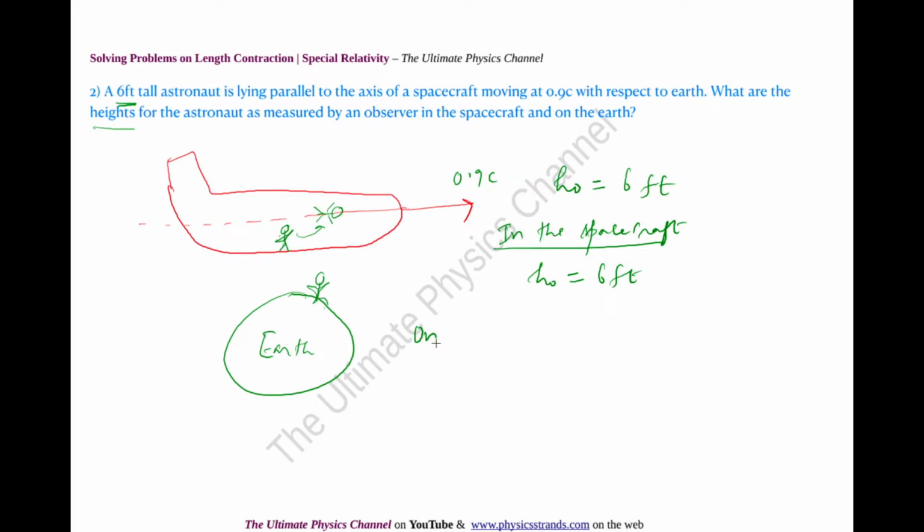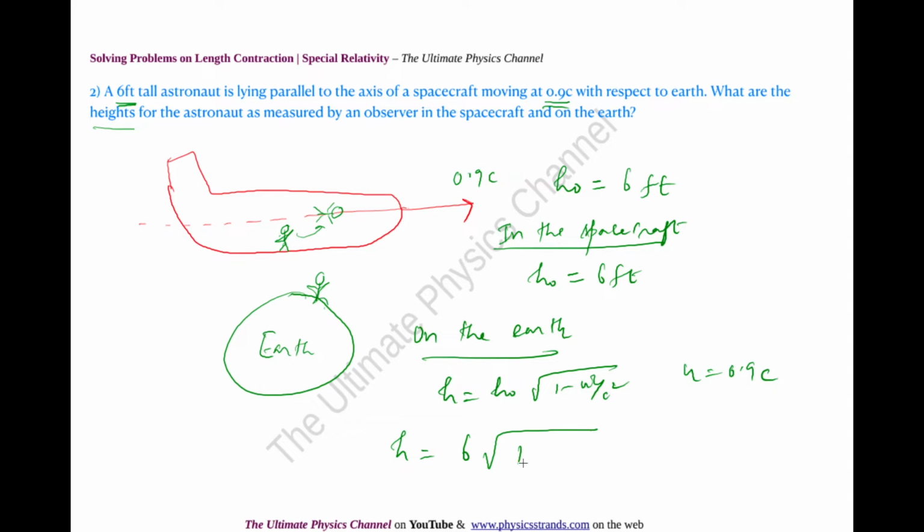But on the Earth, the Earth-based observer would see a contracted height, and that would be given by, of course, our equation h0 times square root of 1 minus u squared over c squared, and in this case u is 0.9c. So I substitute the values. It is 6 feet times square root of 1 minus 0.81.